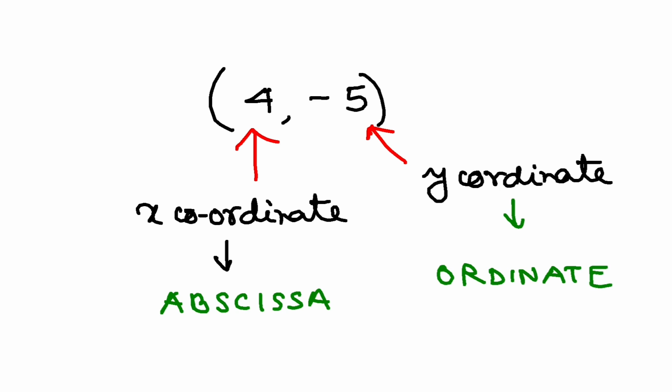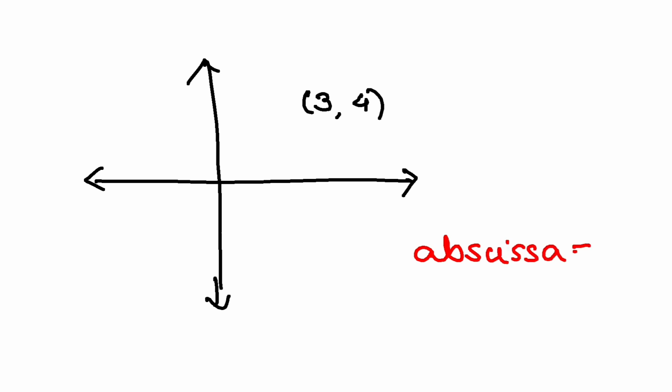Okay, so now if I take a system and try to plot a point, suppose I have plotted this point over here, suppose 3 comma 4. So what is my abscissa then? My abscissa is 3, abscissa is x coordinate, and what is my ordinate?